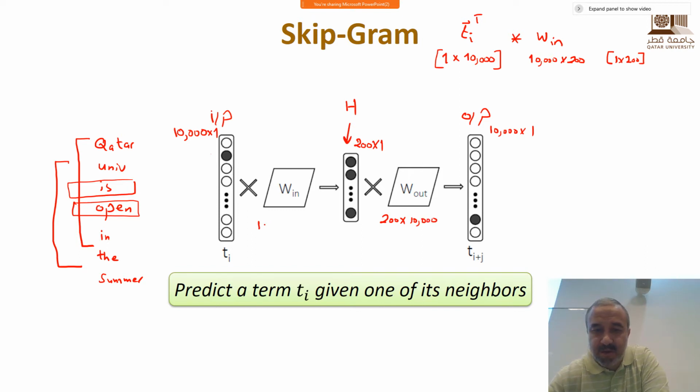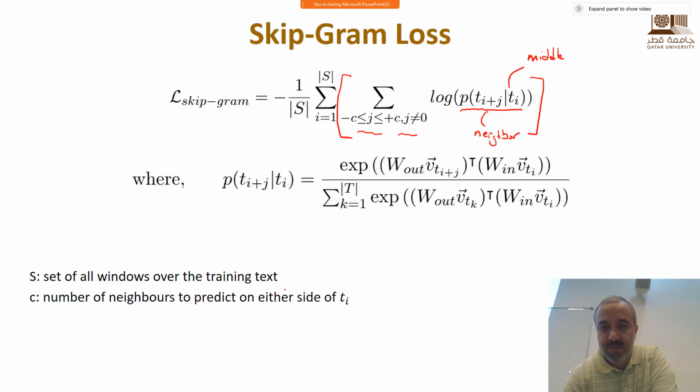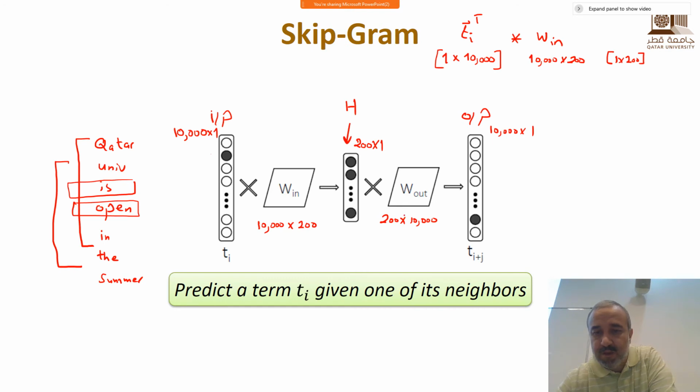So this is 10,000 by 200. Now let's see W out times VTij. W out is 200 by 10,000 and Tij is 10,000 by 1. If we multiply these two, what will we get in terms of size? 200 by 1.